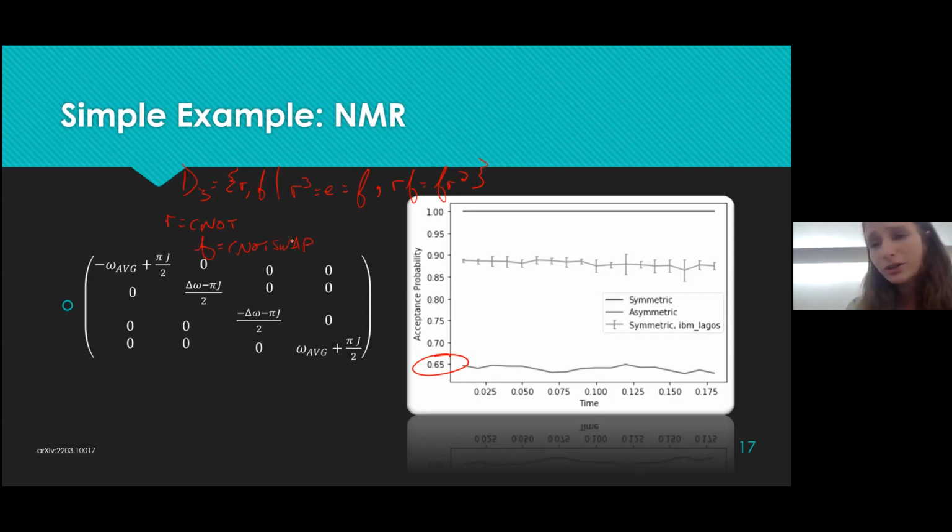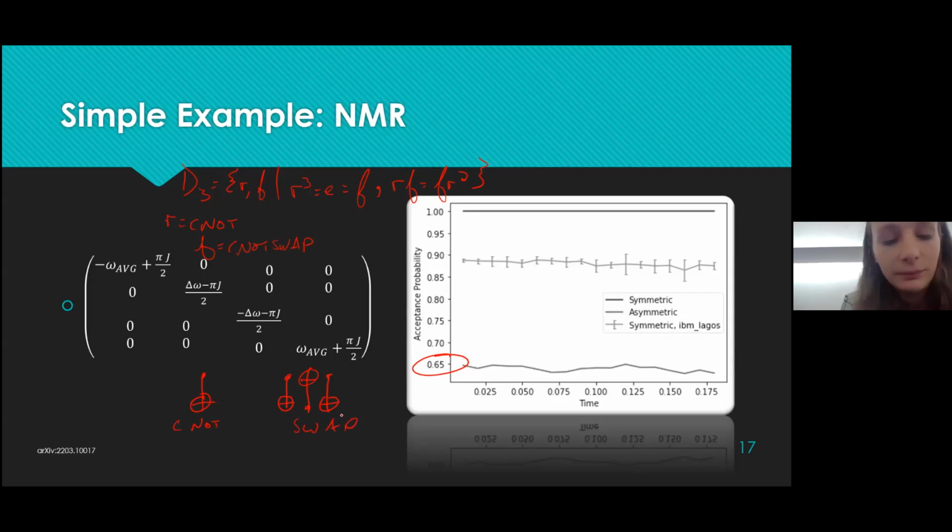The easiest way to picture this is actually with the circuit diagrams for me, because you have this is C0, and then swap is this, right? So this is C0, this is swap.